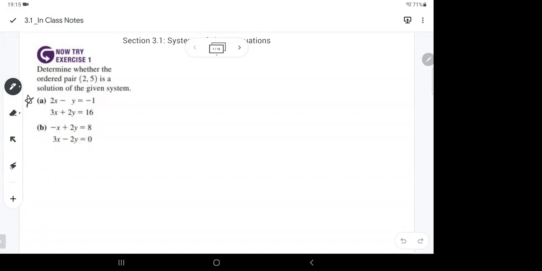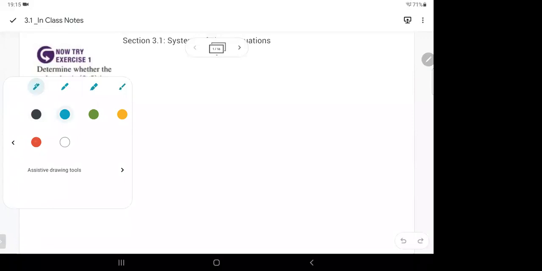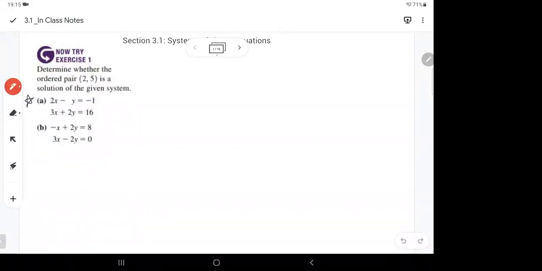So remember, for systems of equations, we want to be able to tell if a point is a solution or not. To do this, remember, we want to sub in the ordered pair into the two equations. So we're checking for the point (2, 5).